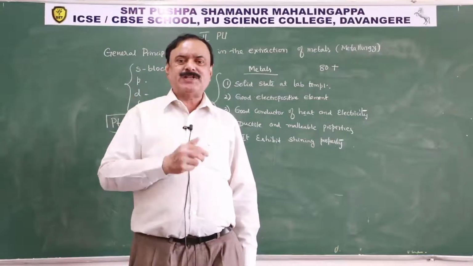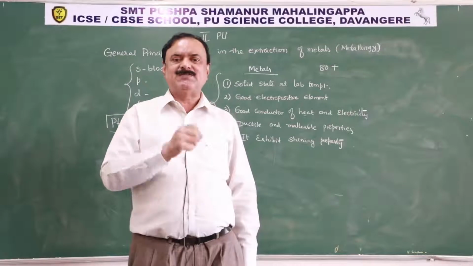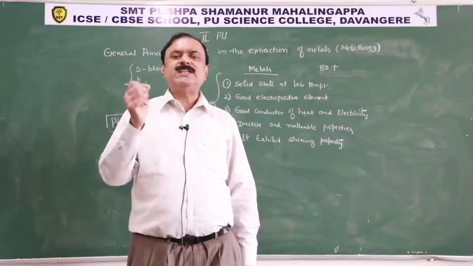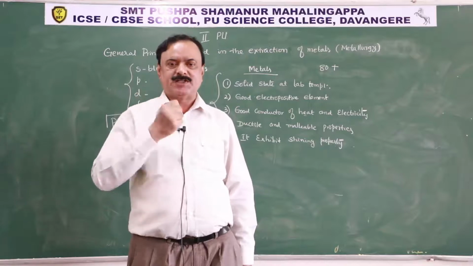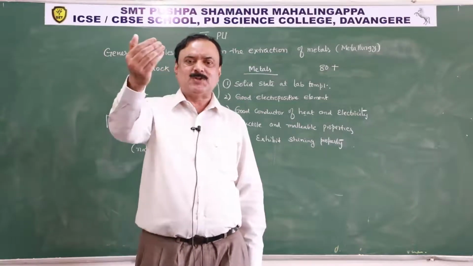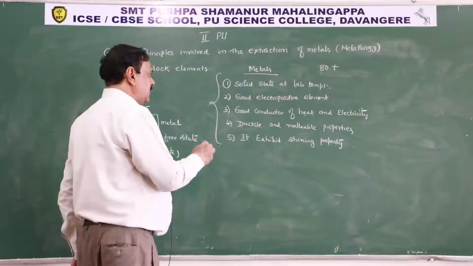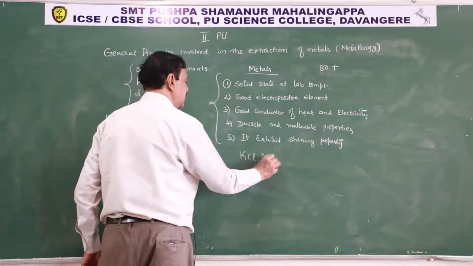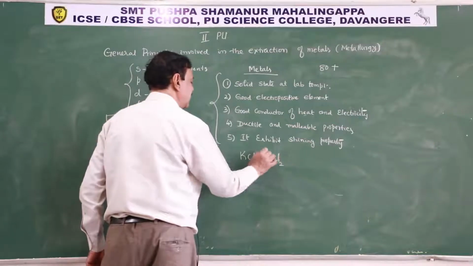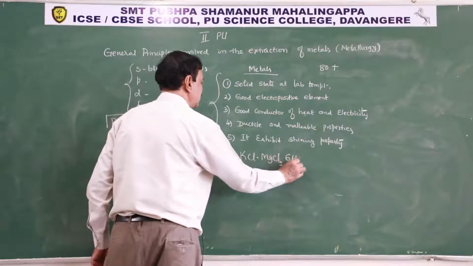How do you obtain potassium? Potassium is found in seawater, whereas magnesium is also found in seawater in the form of carnallite, KCl, MgCl2, 6H2O.